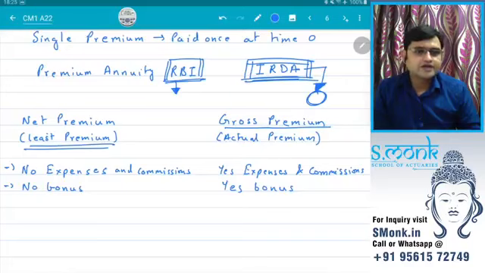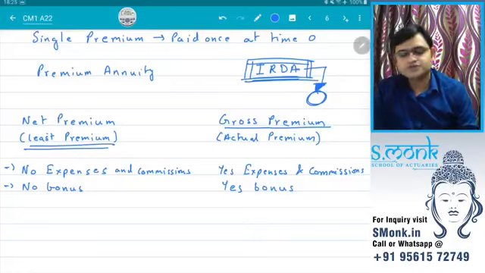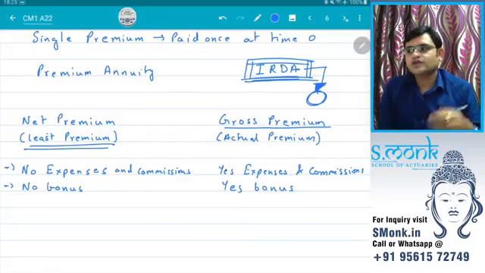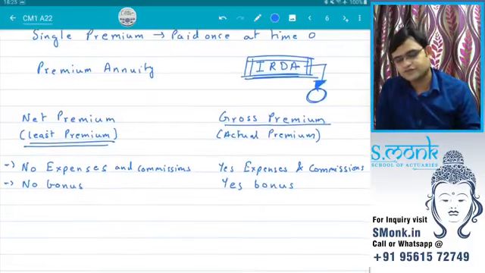Same thing IRDA does. They will ask for a certain amount as security before they allow you to sell your product, that is insurance products. Okay. And the second thing that IRDA makes sure is that the premium charged should be at least more than net premium. So we'll be calculating net premium, we'll be calculating gross premium whenever possible, right?